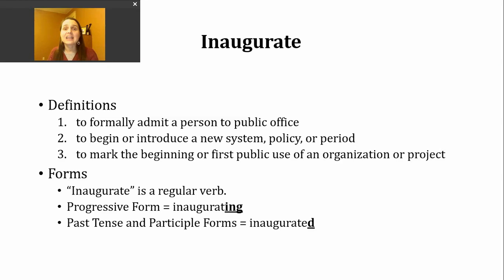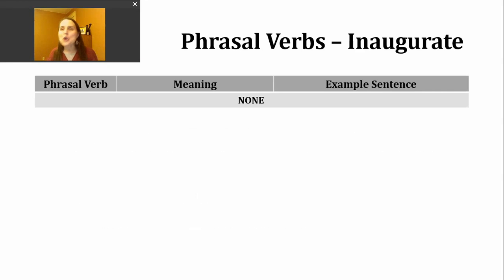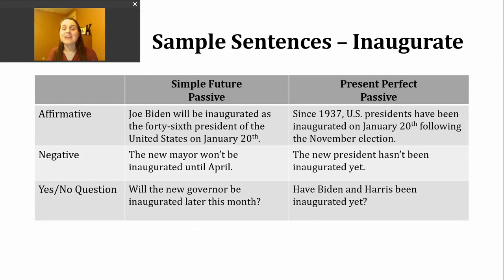Inaugurated, inaugurated. You'll be happy to know there are no additional meanings that you need to learn in combination with phrasal verbs. So that's going to allow us to practice using this verb in a couple different tenses.